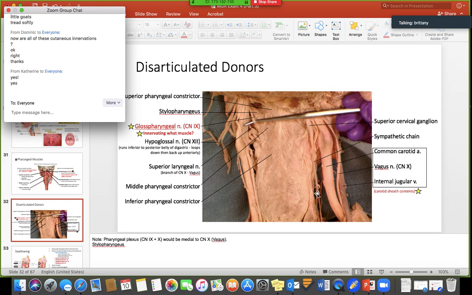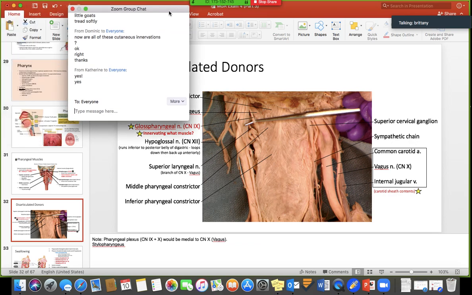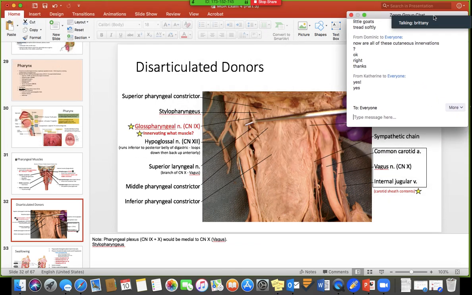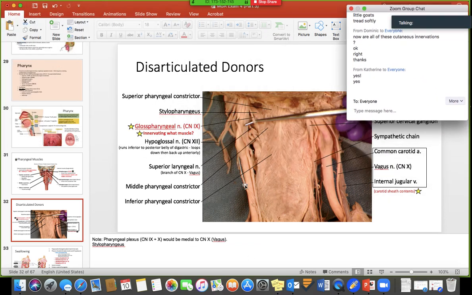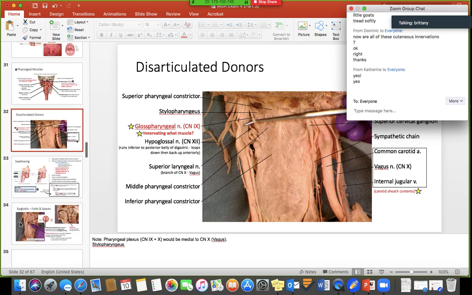And then also the sympathetic chain. That's definitely something they could tag as well. So know the difference between these four structures, and then glossopharyngeal. Then your constrictors, and you'll be good for that view. But for sure, questions are coming from here.